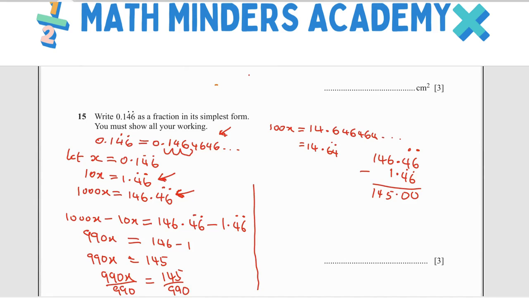And what will that give to us? When we reduce this, it gives us 29 over 198. That's the lowest or the simplest form. So we'll write 29 over 198.